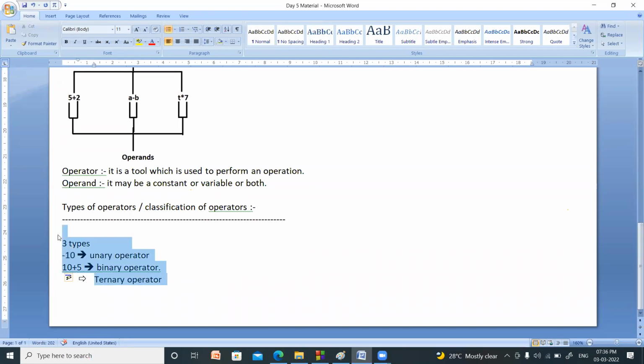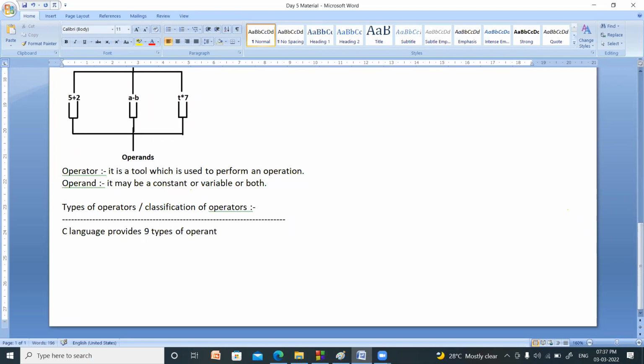Now, here I am going to explain the general types of operators. Those are 9 types. C language provides 9 types of operators. One is arithmetic operators. Second is logical operators. Third is relational operators. Fourth is bitwise operators.